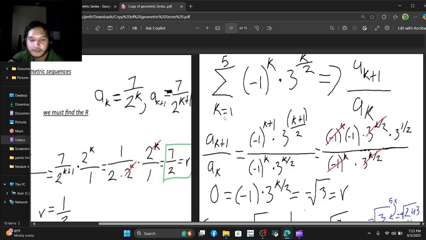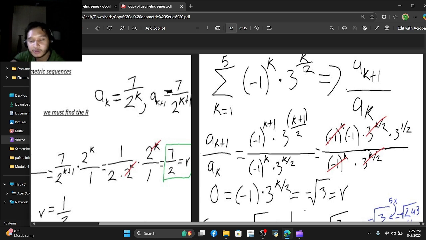So the summation of the first term to the fifth, in terms of (-1) to the power of k times 3 to the power of k divided by 2.